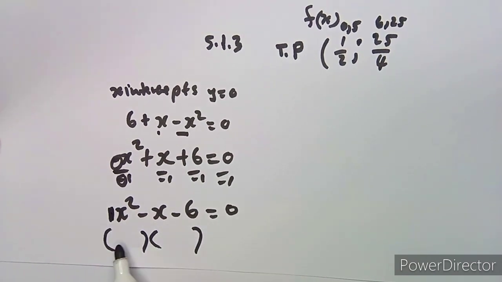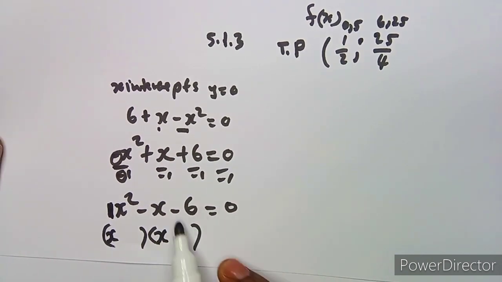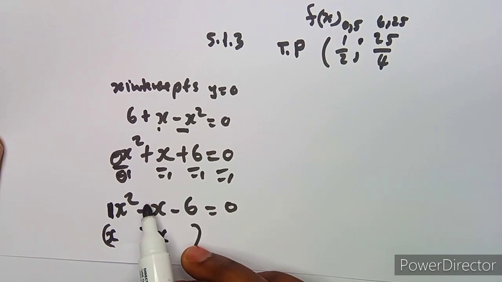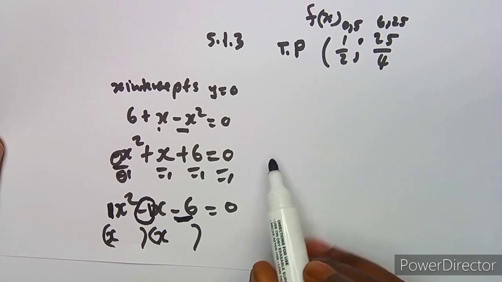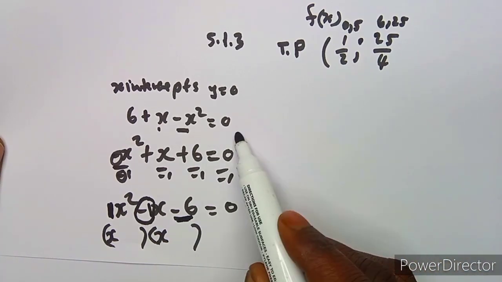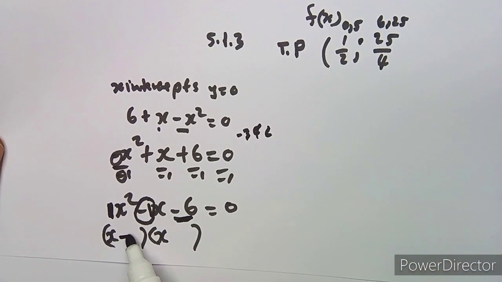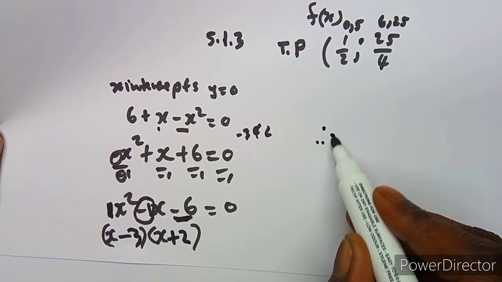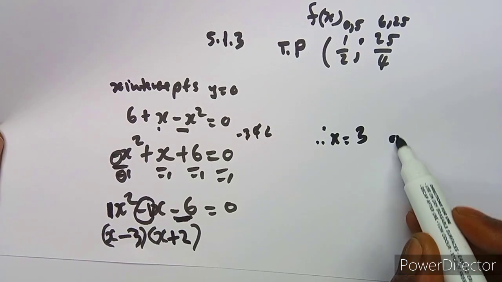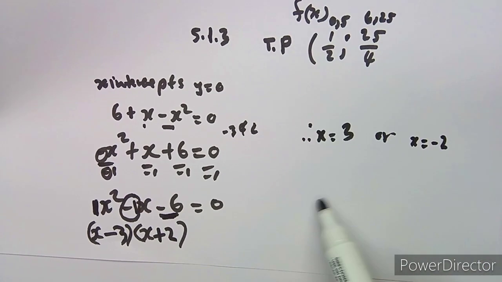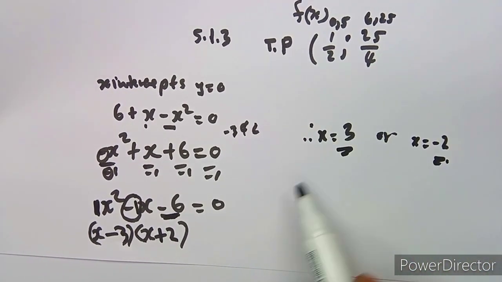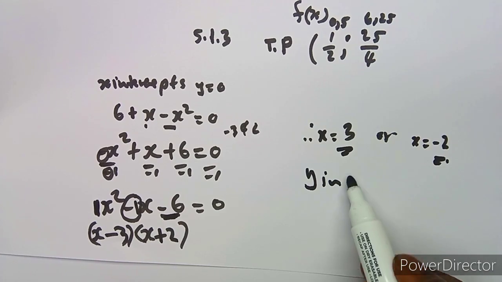If you're using factorization, the coefficient of x squared is 1, so you're going to have x and x. Then what are the two numbers which are going to give us -1, but from -6? So this is actually -3 and 2. So it's -3 and plus 2. So it means x is 3 or x is going to be -2. So therefore, these are the values of x at the x-intercepts.